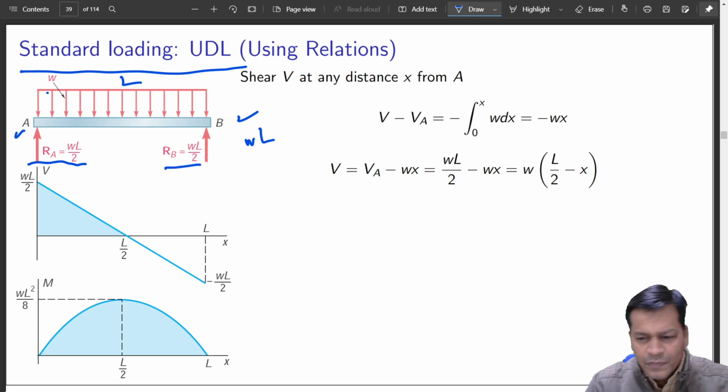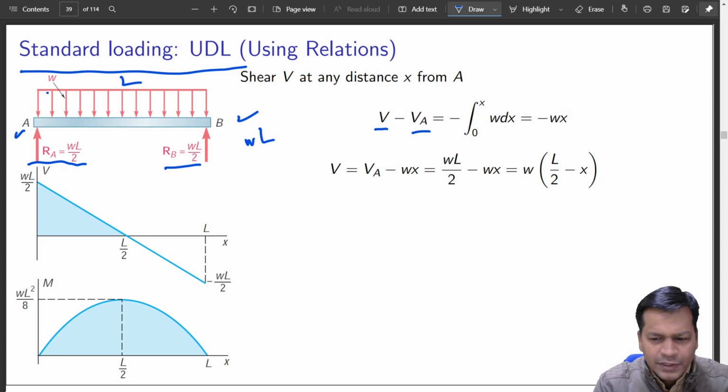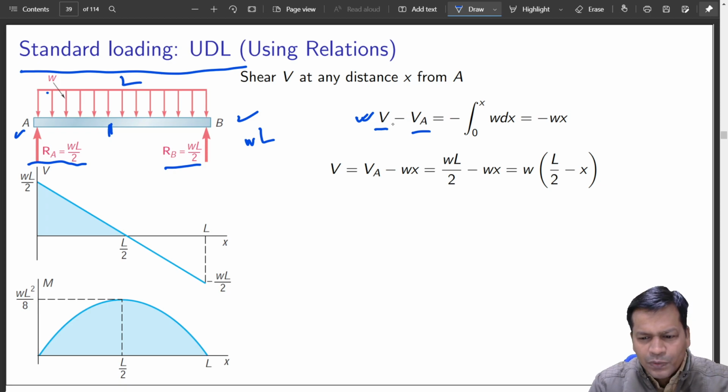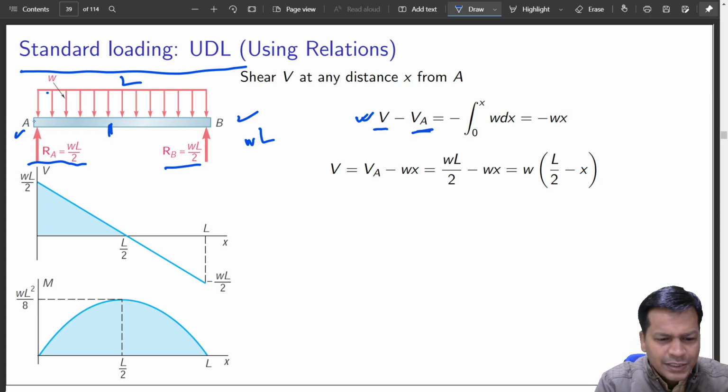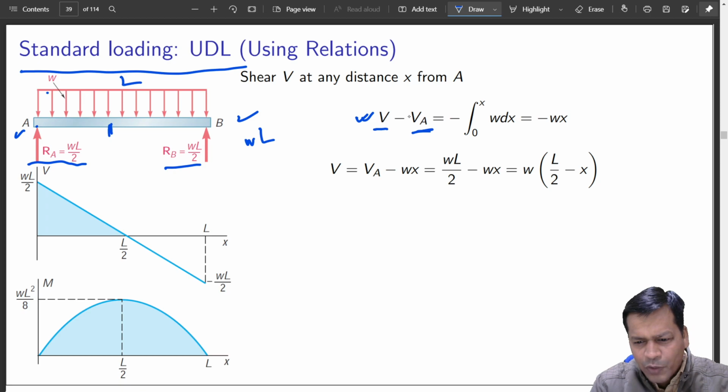Now I'll use my relations. V minus VA, V being the shear force at any point between this, should be equal to V minus VA, where VA is the starting point. It always talks about between spans, which is why it is V minus VA.